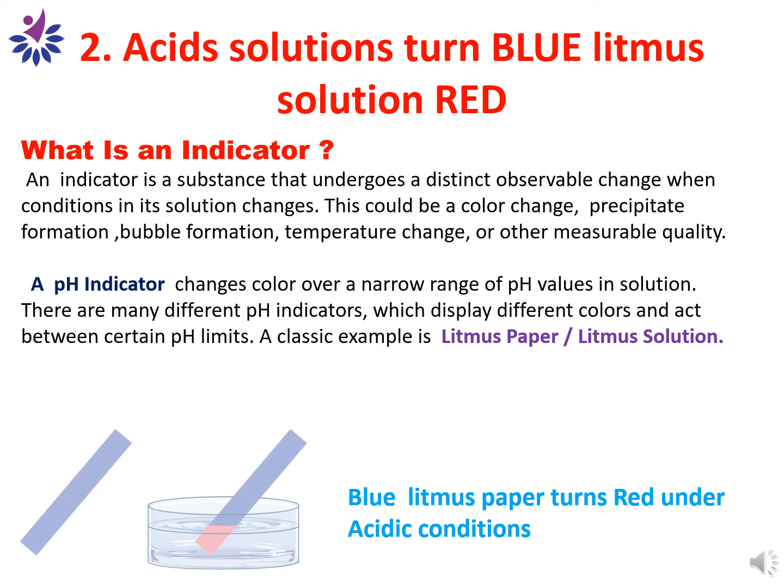You can see in the photo that there is a blue litmus paper which changes its color to red when it is put in a solution, which means that solution is acidic. You can use these litmus papers to check the acidic level of your products at home, for example soap and shampoo. It will be really interesting to know how basic or how acidic they are.